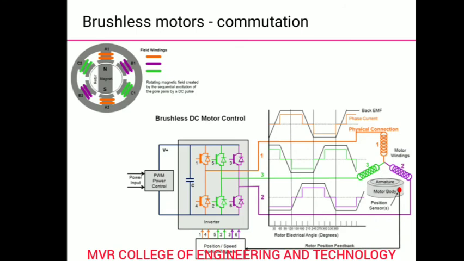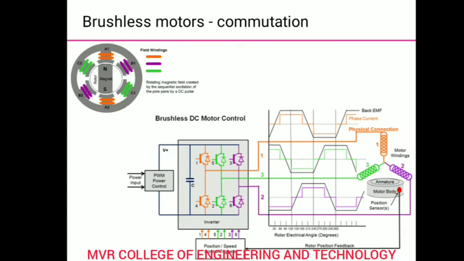A1 A2 is connected to one transistor switch, B1 B2 is star connected and taken to one switch, and C1 C2 is connected to one switch. Whenever A1 A2 is on, the remaining B1 B2 and C1 C2 are off. Then A1 A2 is off and B1 B2 is on, with A1 A2 and C1 C2 off. Like that the process is done in the brushless DC motor.